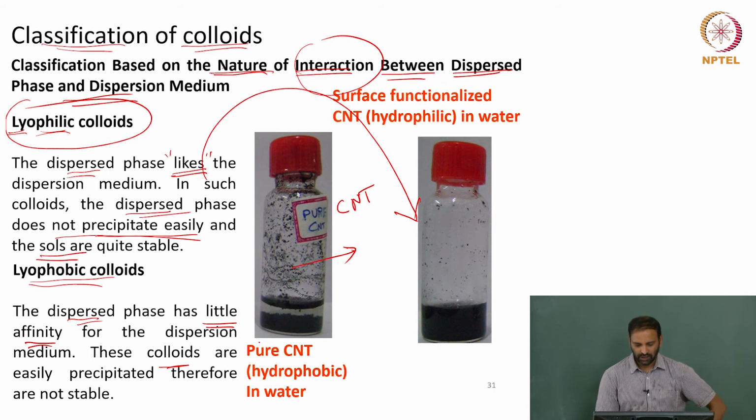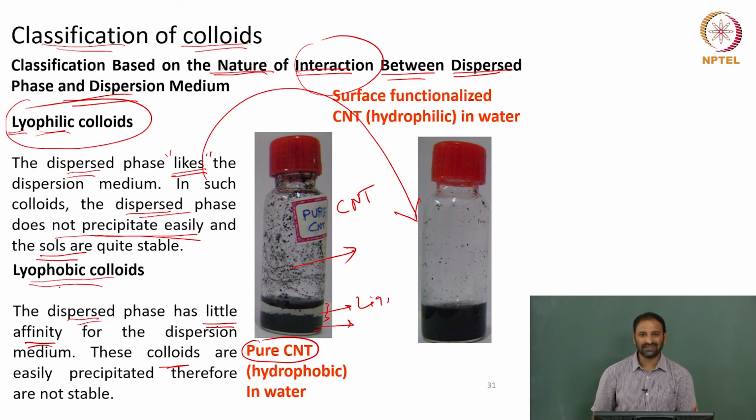So these are pure CNT, as received, in water. No matter what you do, you mix them and leave it for a while, you can clearly see there's a phase separation. There's a liquid here, that's water, and all the particles are at the bottom. So this is an example of lyophobic colloids.